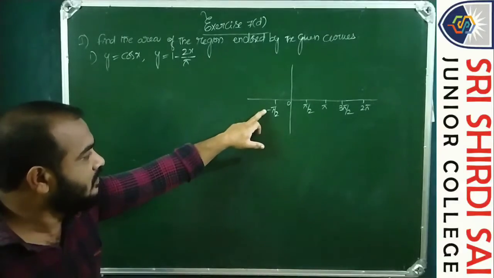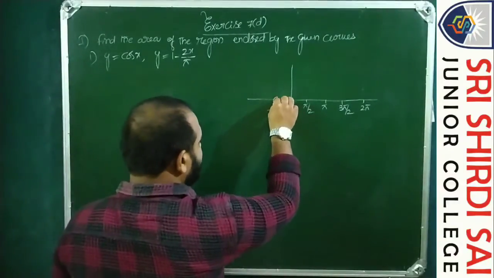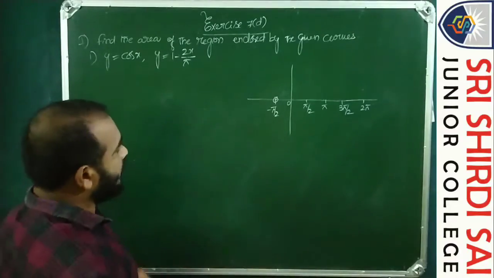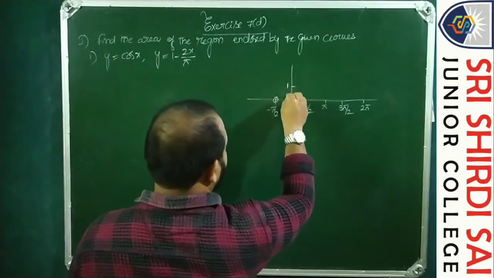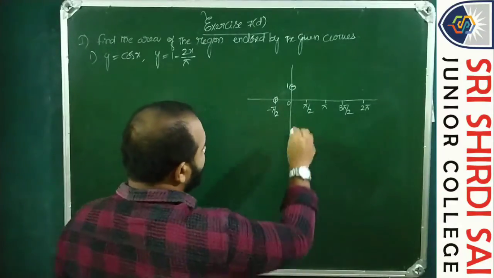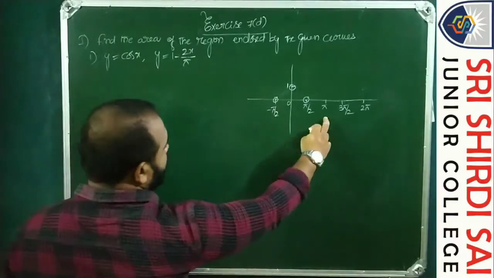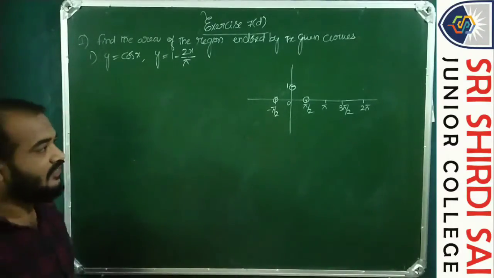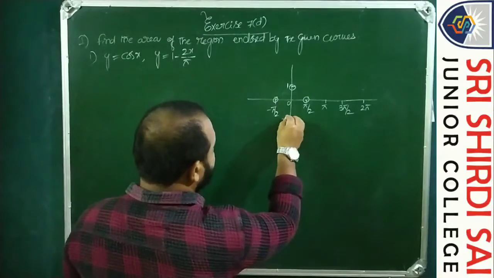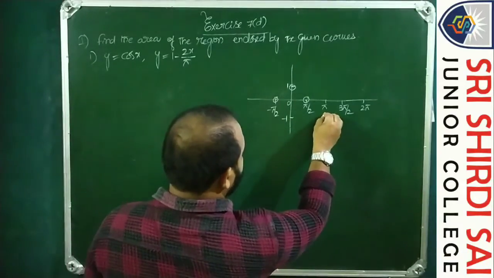Cos of minus pi by 2, cos 90, is 0, cos 0 is 1, cos 90 is again 0, cos pi is cos of 90 plus 90, minus sin 90, which is minus 1. So this will be this.